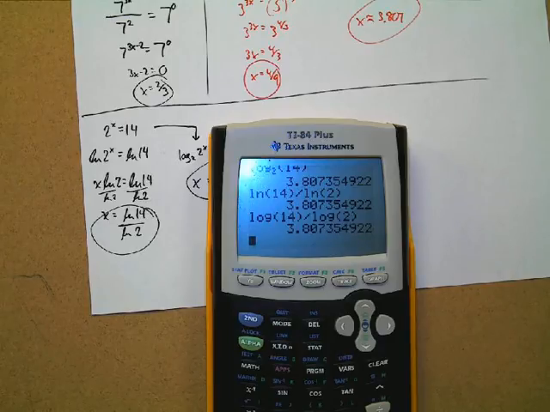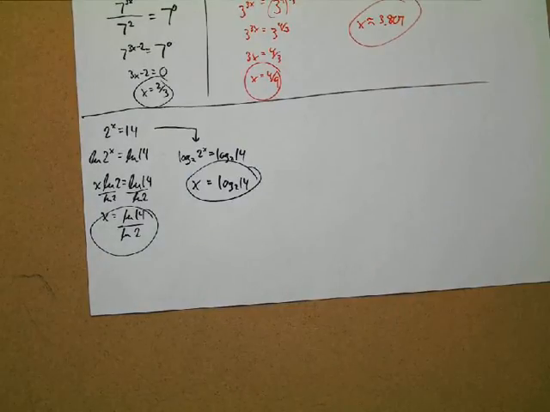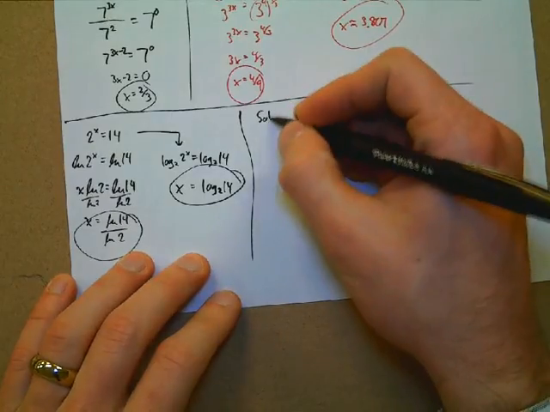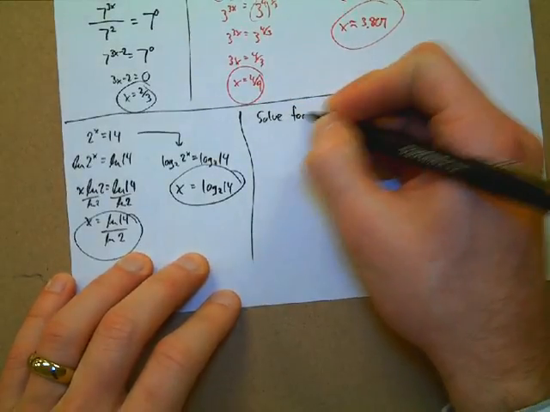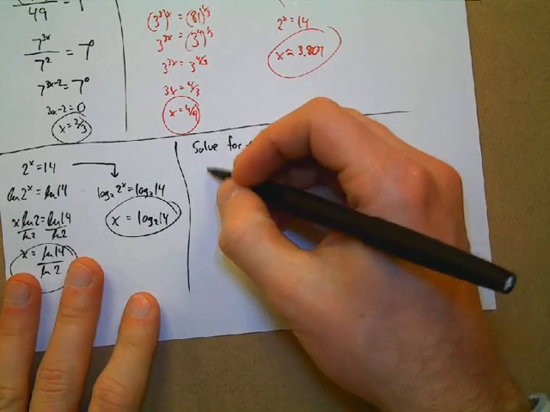All right, so let's try another one here, and let's solve for t instead. So we'll do 6 times 2 to the t plus 5, plus 4 equals 11.